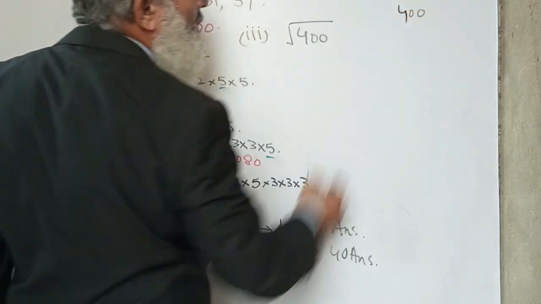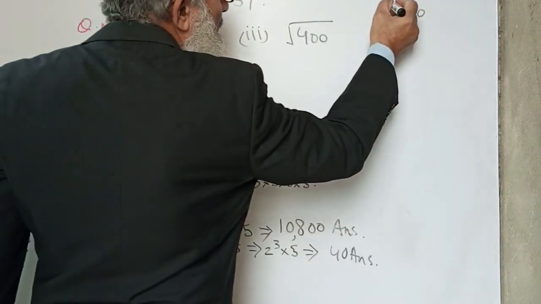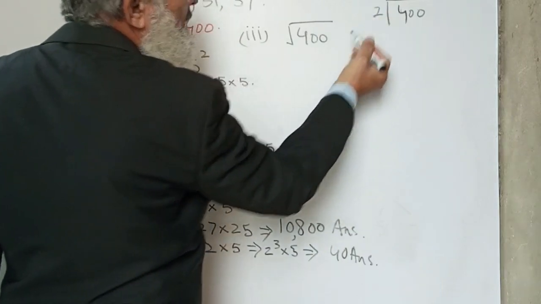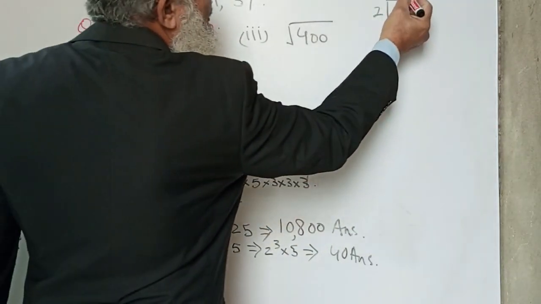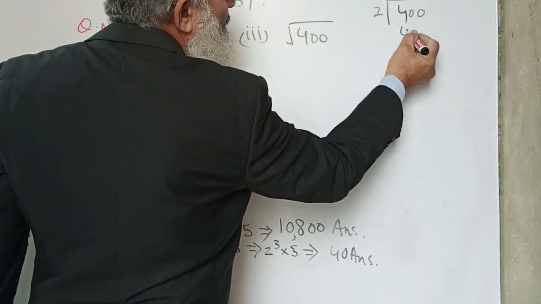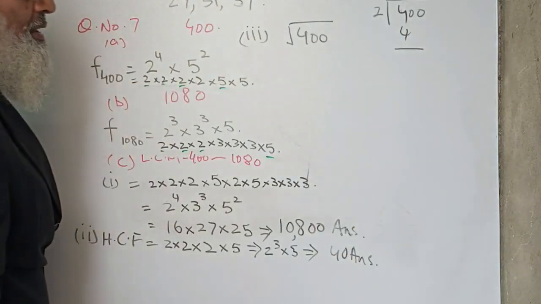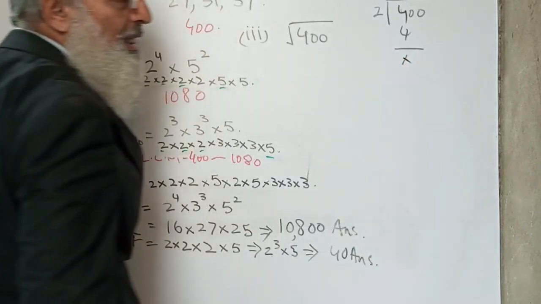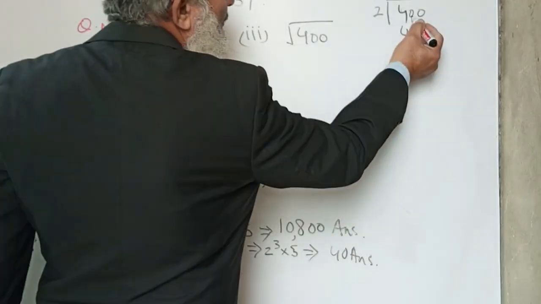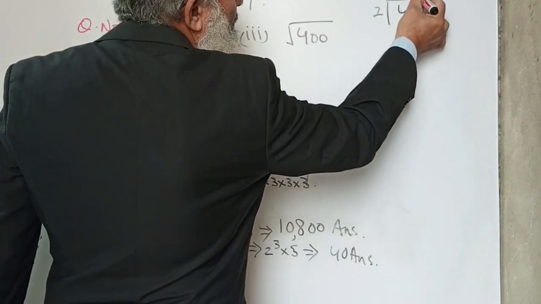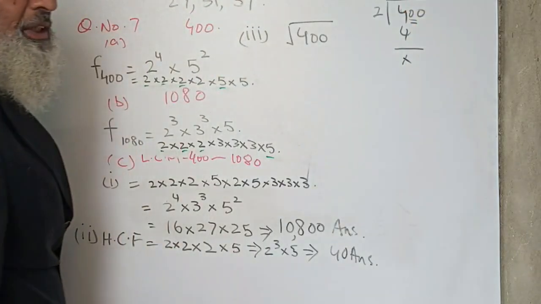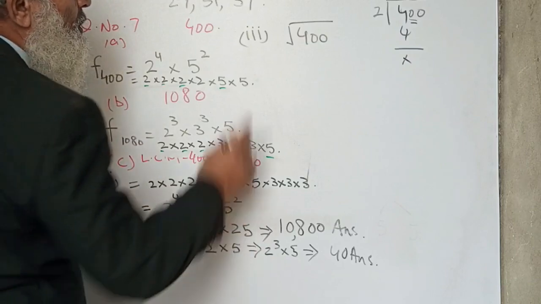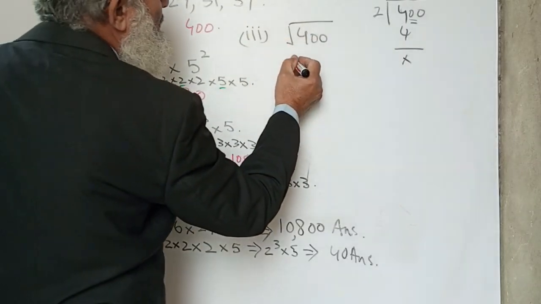Now we write here 400. As I told you, the divisor and the quotient should be the same. Now you see that if I do it like this, no remainder is left, and 1 out of 2 zeros will be written over here. So the square root of 400 is 20.